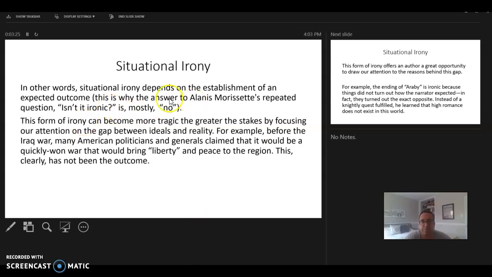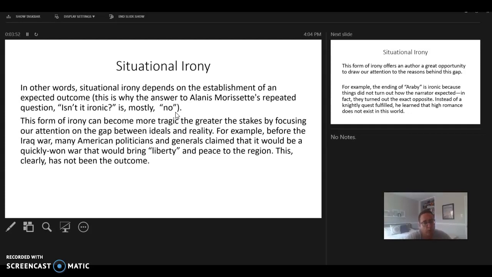And so, that's the Alanis Morissette I referenced at the beginning. Isn't it ironic? If you remember the lyrics of that song, most of her examples aren't really that ironic. It's more bad luck, right? Rains on your wedding day. Yeah, I mean, again, if it was built up and you planned, and then maybe you didn't get the tents for your guests because you knew it wasn't going to rain, then it rains. Okay, now we're getting into irony. But if it just rains on your wedding day, that's just bad luck, right?